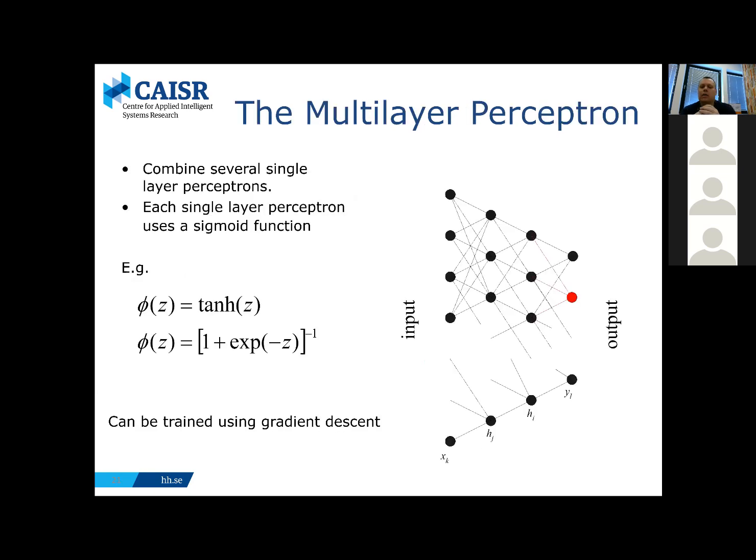And the whole idea here is that this actually allows us to combine several single layer perceptrons into a network which together can learn functions which are a lot more complicated than just linear functions.